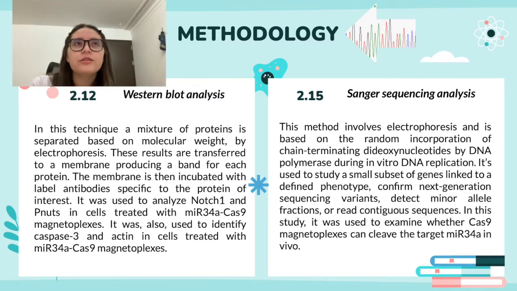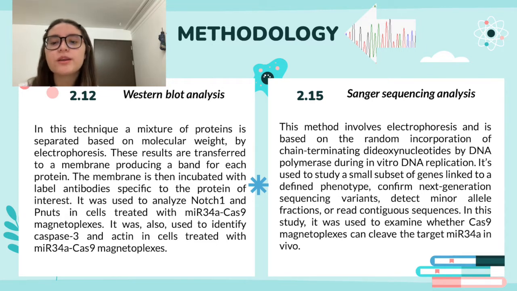The next method they used for this study was Sanger sequencing analysis. This method involves electrophoresis and is based on the random incorporation of chain-terminating deoxynucleotides by DNA polymerase during in vitro DNA replication.